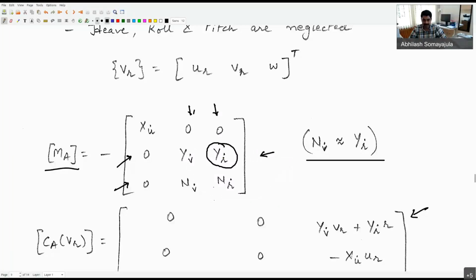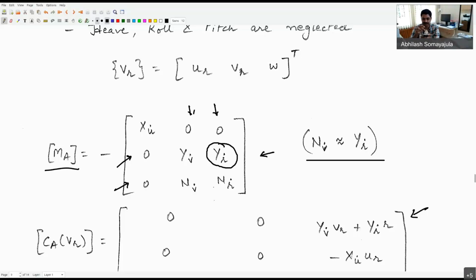But it also depends on something else, Aditya. Here is where one has to be careful. Even though the ship may be symmetric, if I don't choose my origin at the symmetry location, then too I may get a coupling force. Because suppose the ship is symmetric, and you were right that if I put my origin at the symmetry point, the origin about which it is symmetric, then if I rotate the ship, I should not expect to see any sway force.